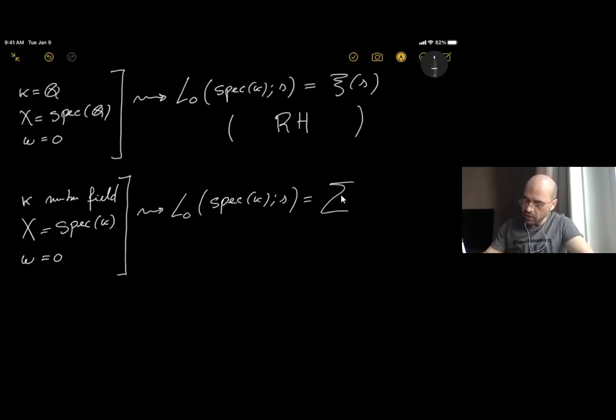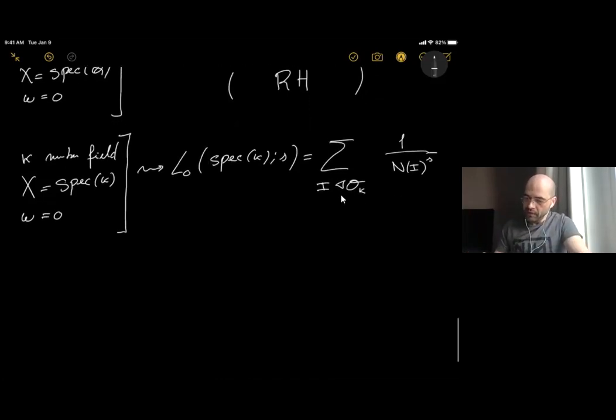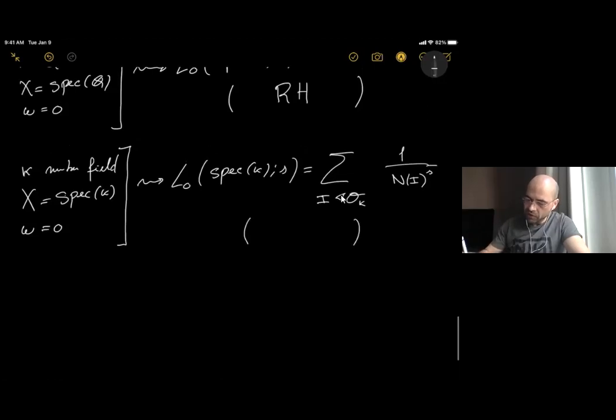So it's a product over all ideals in the ring of integers of your number field, of 1 minus 1 over the norm of your ideal to the power s. So it's really a generalization of the zeta function. And in this case, the conjecture is what is called the extended Riemann hypothesis. And since I'm over K, let's specify the K here.